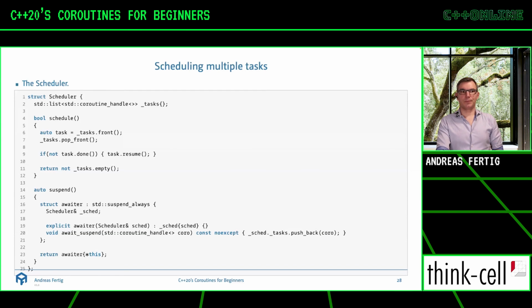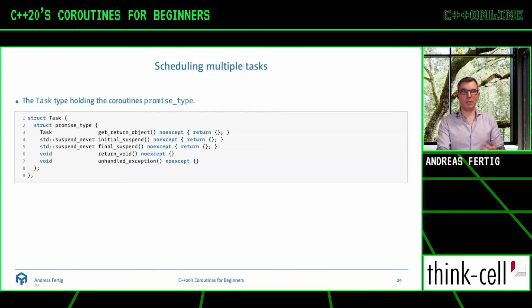This is our wrapper type. Now here you have the promise type. It might be the shortest promise type you will find, including the wrapper type here, task. Task has no member functions because it doesn't store anything. The promise type is reduced to only the customization points we require for our example.